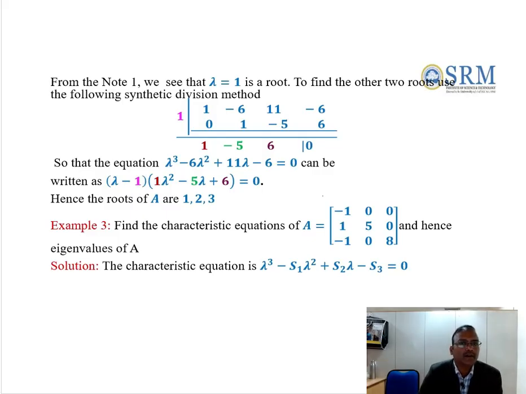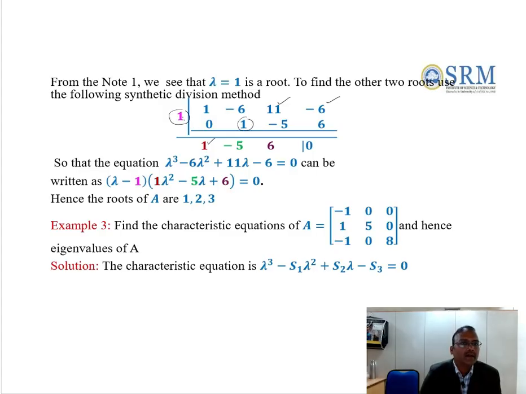Now let us place all the coefficients in this manner, that is 1, minus 6, 11 and then minus 6. Already we know that lambda equal to 1 is a root, so you start with 1 and 0, then add these two, that is 1 here, then multiply this one and put it here.